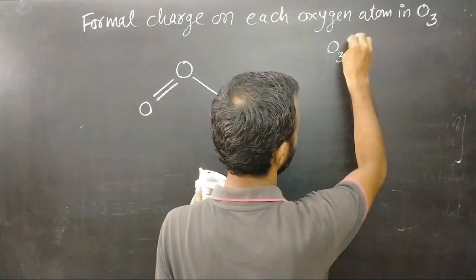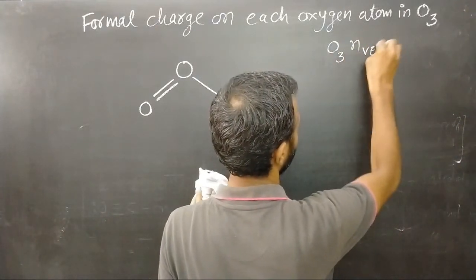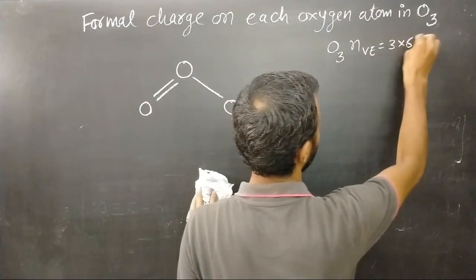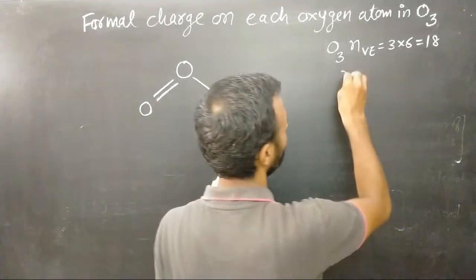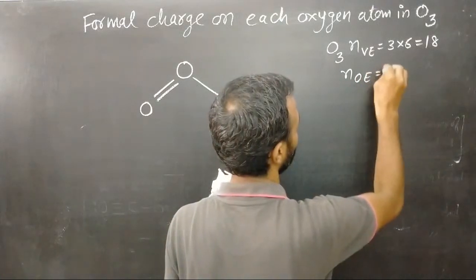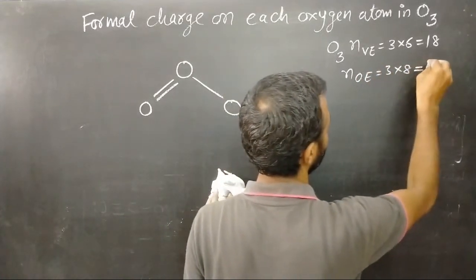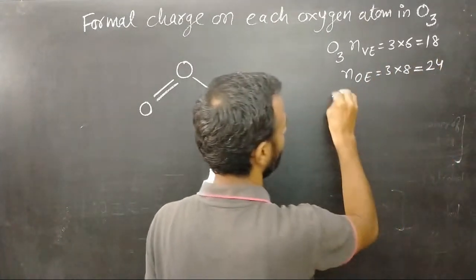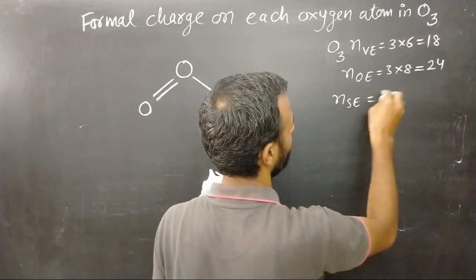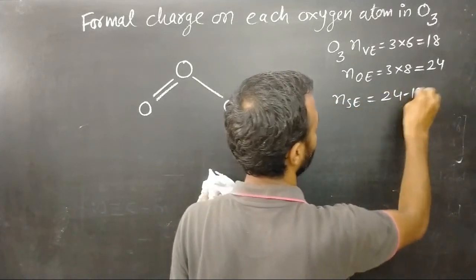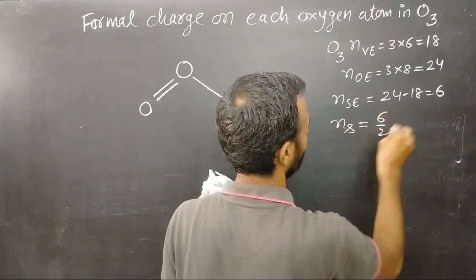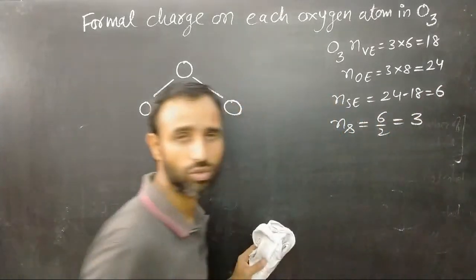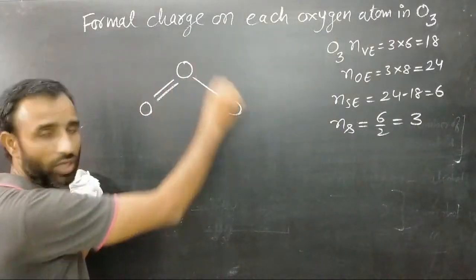You know, in ozone valence electrons are 3 into 6, 18. Total electrons required to complete their octet 24. So shared electrons 24 minus 18 means 6. So shared pairs 6 by 2 means 3. So 3 shared pairs between 3 oxygens.